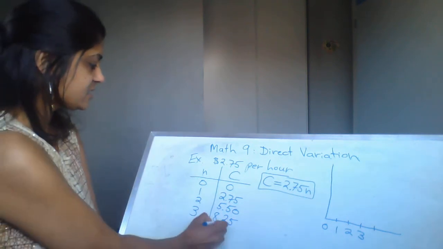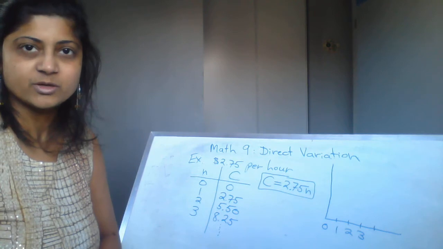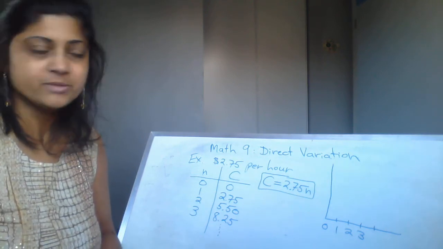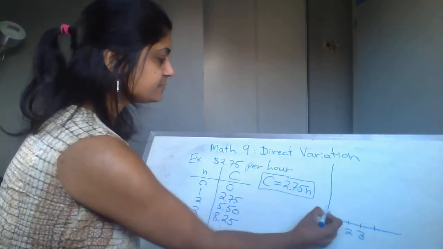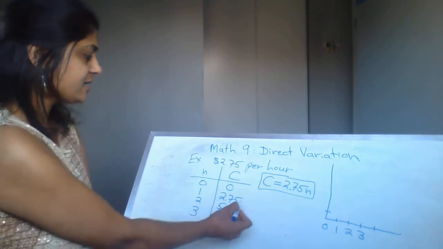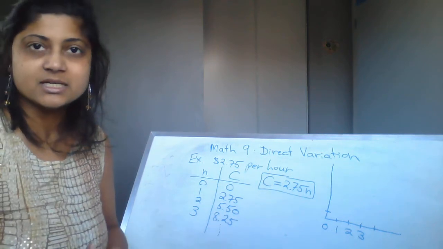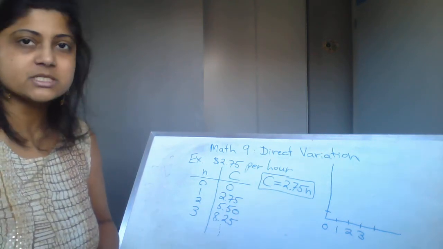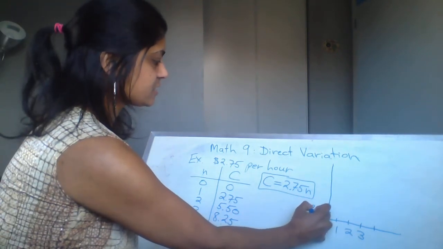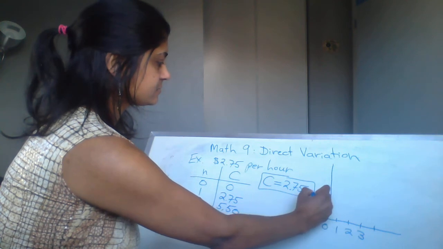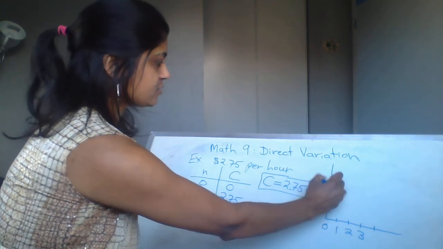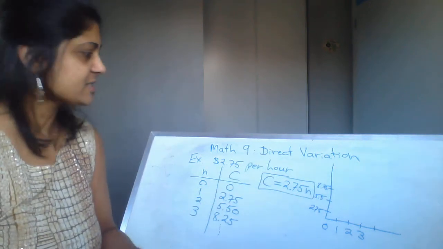I can continue this pattern for a couple more hours to make my graph more accurate, but you don't really need to do that. On the side is going to be the cost. I can take basically this same scale right here. It looks like we're just increasing by 2.75 each time. So let's write that: 2.75, then 5.5, and then 8.25. Does everyone see that?